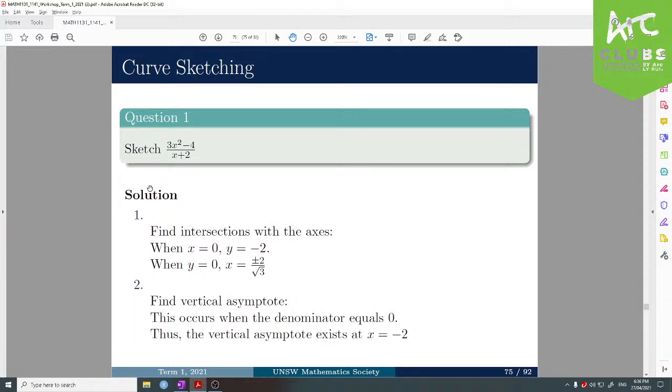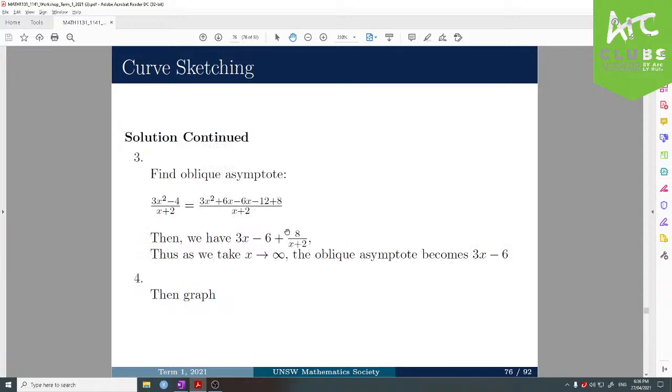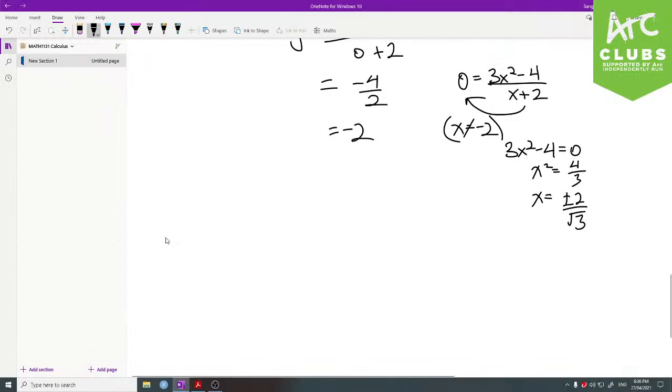To find the oblique asymptote, you can use long division or any other method to be able to factorize out the x plus 2 in the bottom. I personally like to use manipulation, so I'll quickly explain what I did here, just to make sure it's not too confusing. I knew that in the bottom I wanted to get out the x plus 2.